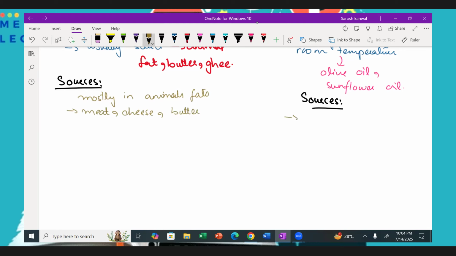In case of unsaturated fatty acids, the sources are mostly plant oils, right? And fish oils as well.